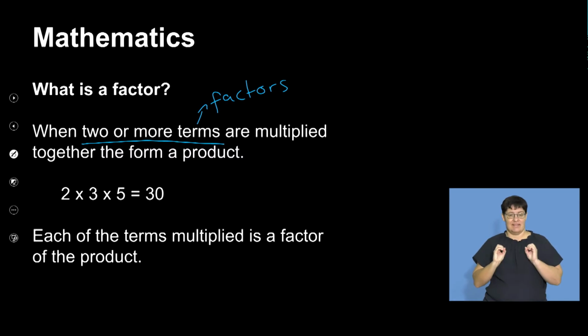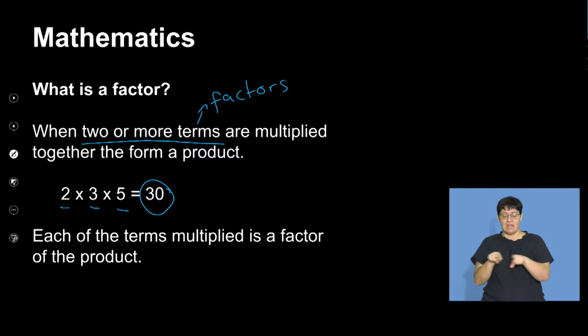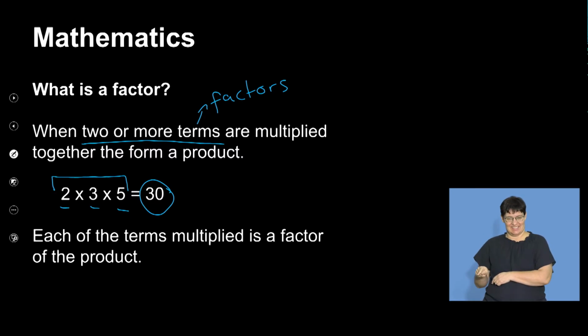But under factorization, if I have 2, 3, and 5, and I multiply all of them, they give me 30. That means that 2, 3, and 5 are the factors of 30. Each of the terms multiplied is a factor of the product.